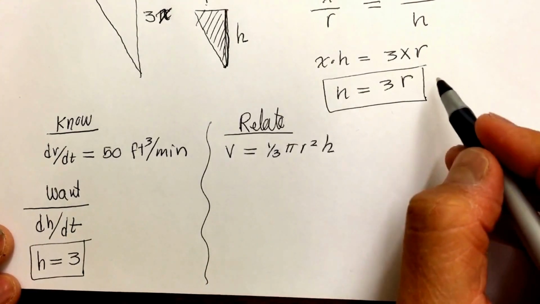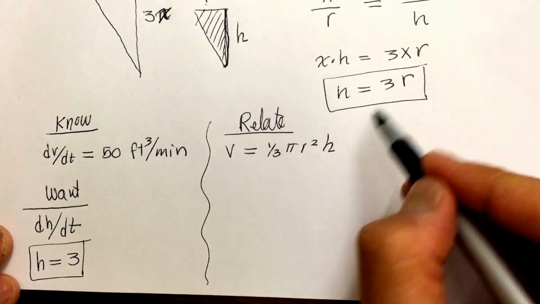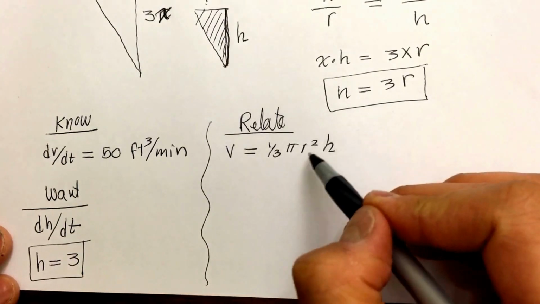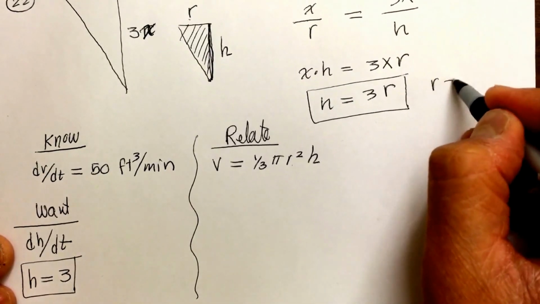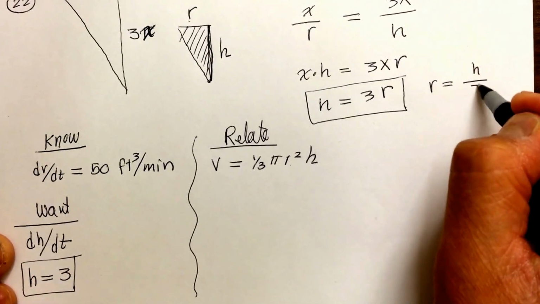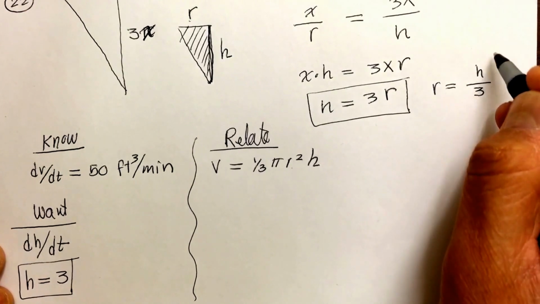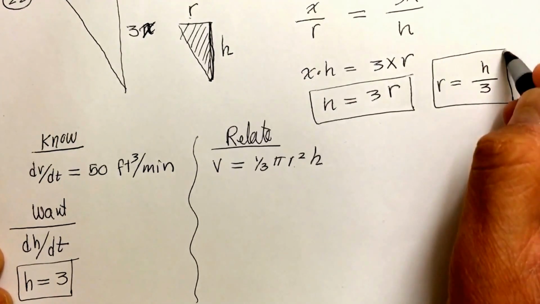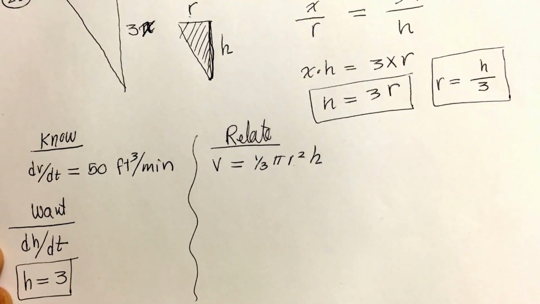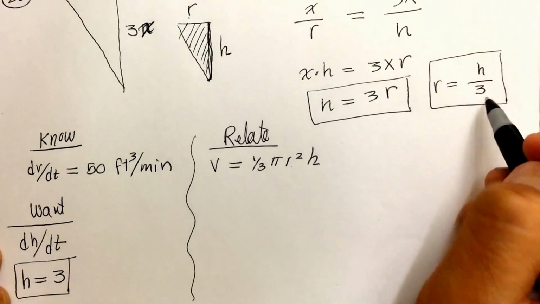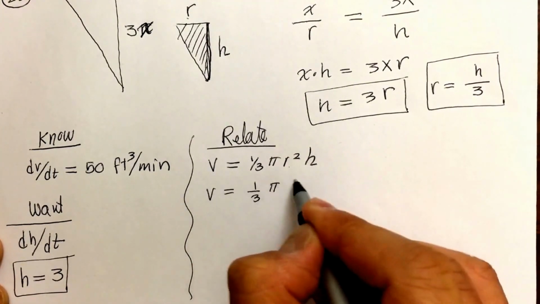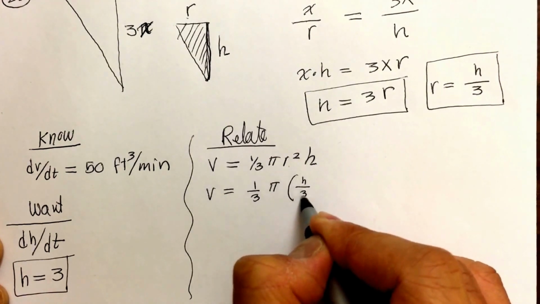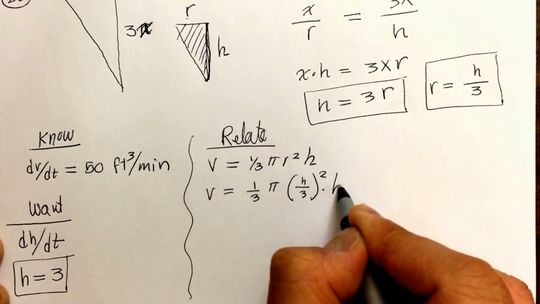That means that we're gonna substitute in for the r. From this relationship, we know that r is h over 3. So we're gonna go ahead and replace r with h over 3. Square that, and then there's an h out here.